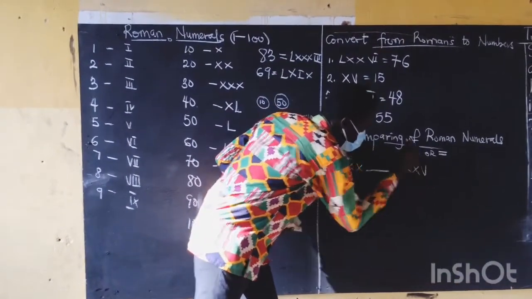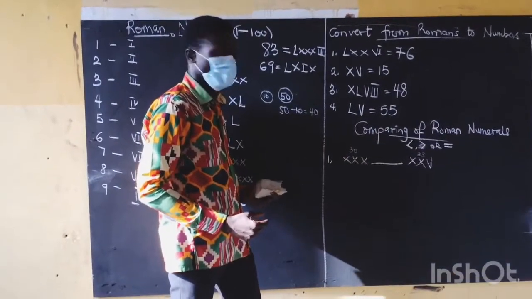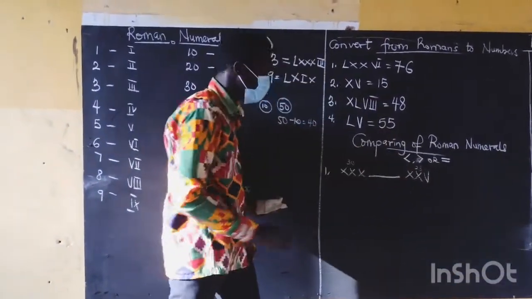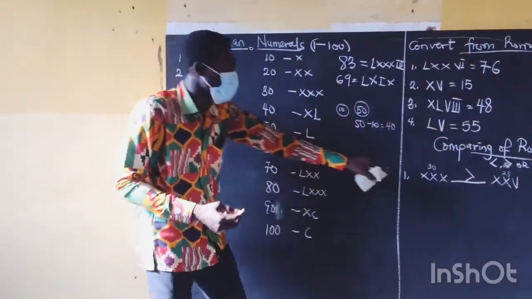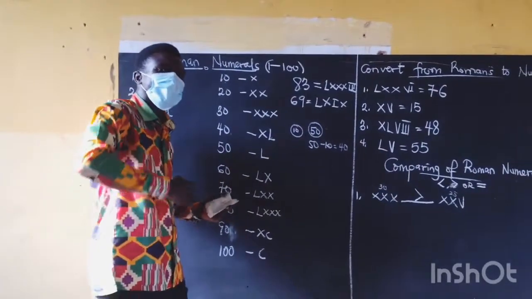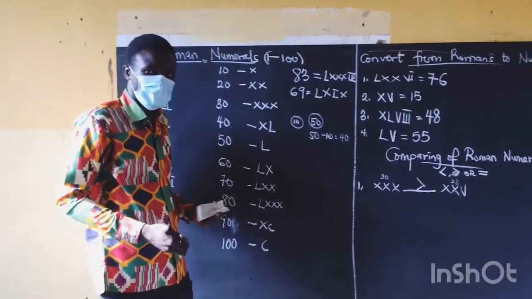This gives me 25. Now 30 and 25, I'm to compare. I can say that 30 is greater than 25. So I'm going to use my greater than sign. I have compared these two Roman numerals, by first converting them into numbers.